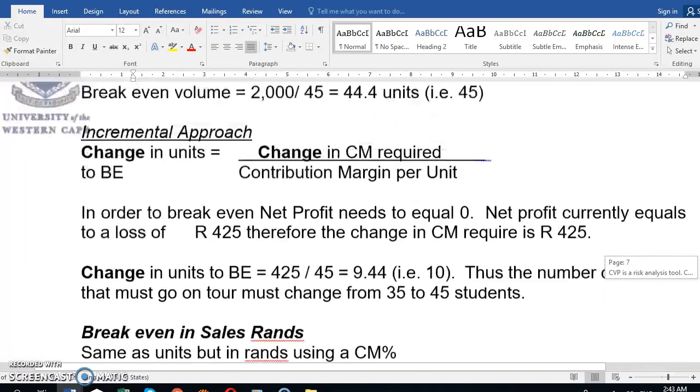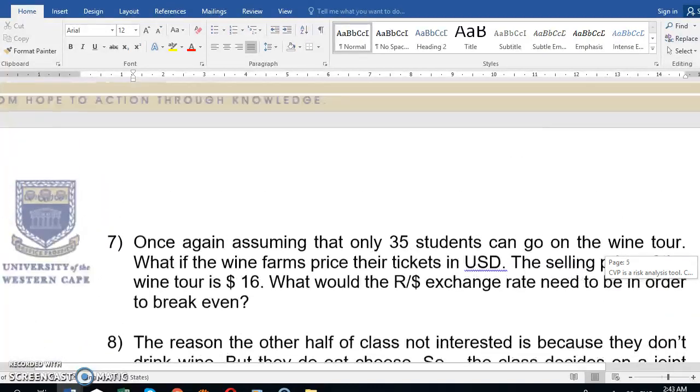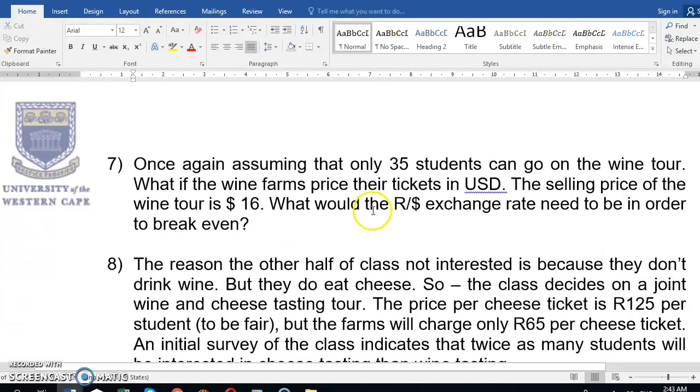Then I just want to go to number 7. Number 7 reads, once again, assuming that only 35 students can go on the tour, what if the wine farms price their tickets in US dollars? The selling price of the tour is $16. What would the exchange rate need to be in order to break even?